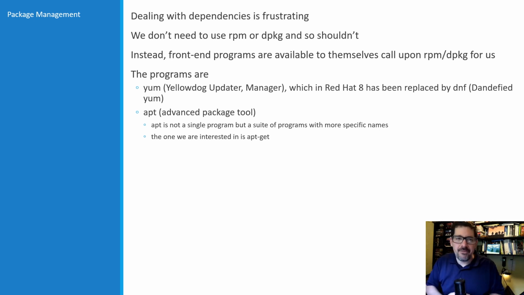Even if it's DNF, it just aliases it, right? And if you're using a Debian-based system, you're probably going to use one of the apt commands. So apt is not really a command, it's more of a suite of tools, and apt-get is the one you're going to use. That's the equivalent to using DNF or Yum to install packages in RPM. So very similar. They both pretty much work the same way.